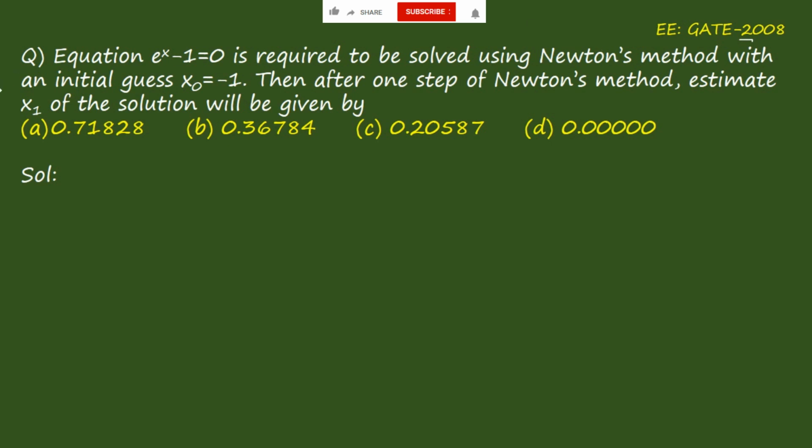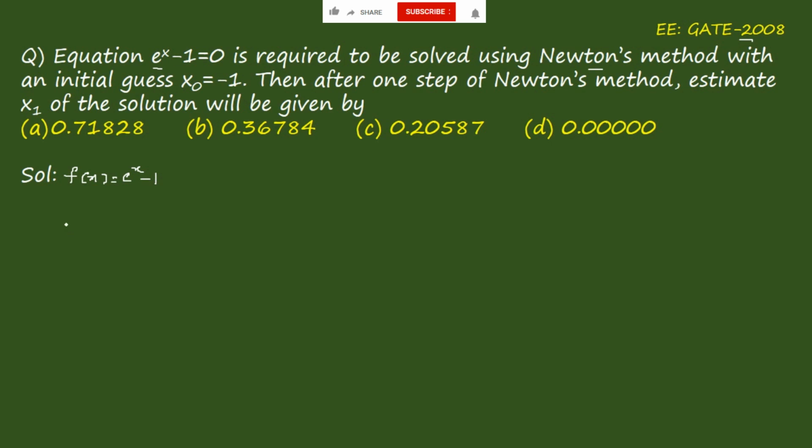First we understand the question. They're saying that the equation is e to the power x minus 1, so we can say that f of x is equal to e to the power x minus 1, right? Again they are saying you have to solve by using Newton's method.